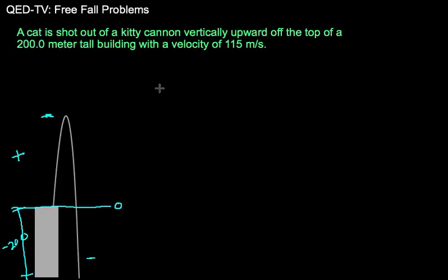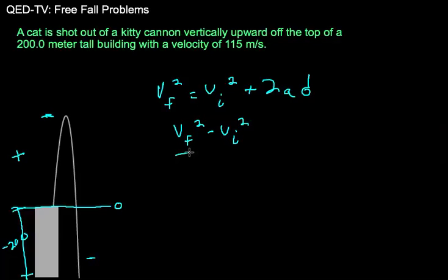If you remember, that is vf squared equals vi squared plus 2ad. We want to solve this for the distance, so it's vf squared minus vi squared, all over 2a, equals our displacement.